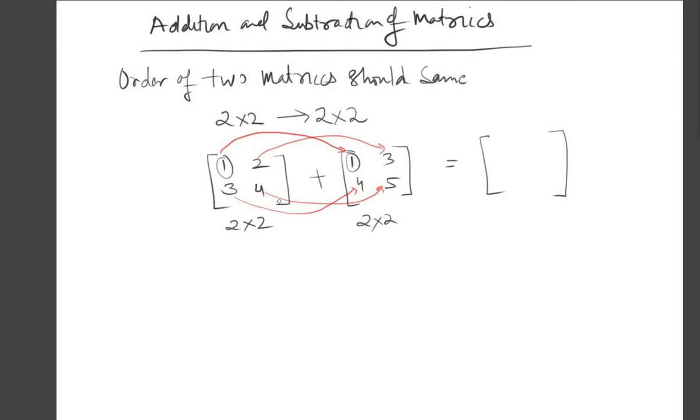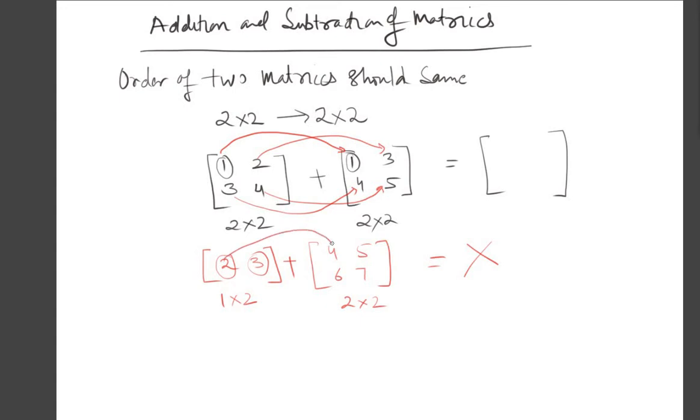Now, for example, if I've got something like this, this is a 1 cross 2 matrix and this is a 2 cross 2 matrix. I cannot add them. Why? Because there are no corresponding elements.